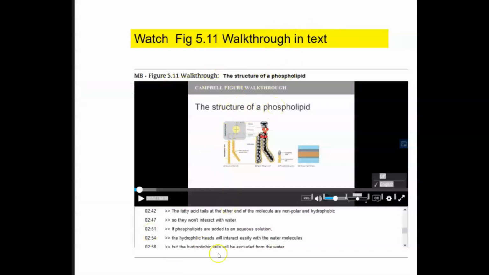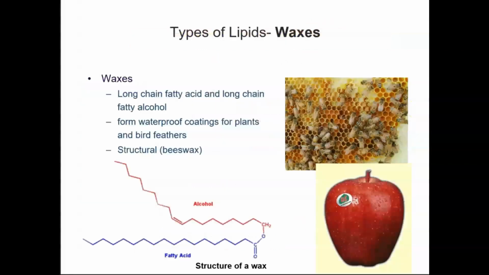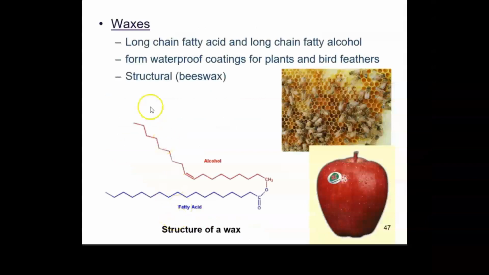So waxes are the last type of lipid. Recall that we've done other types of lipids. We already did the fats and the steroids and the phospholipids, and finally the waxes. They have something that you've seen before, a long hydrocarbon chain that had a carboxyl group associated with it.